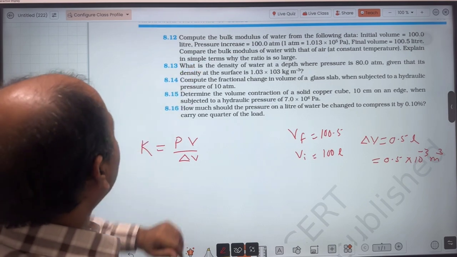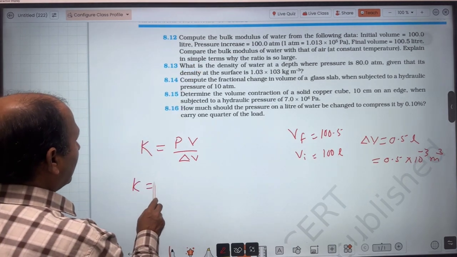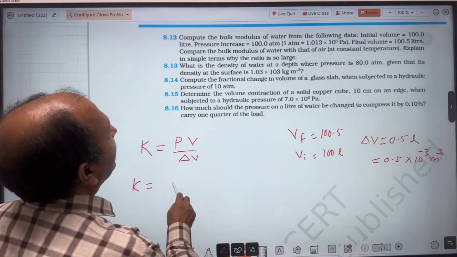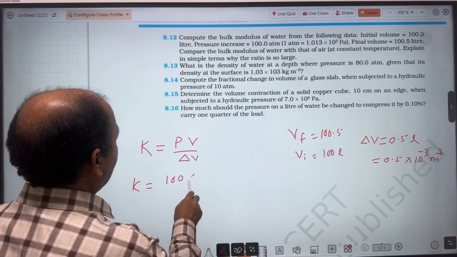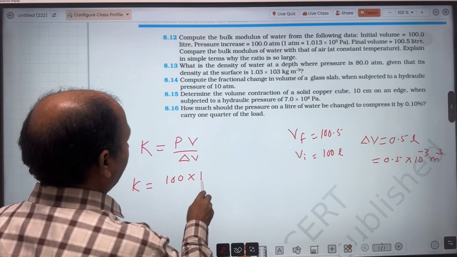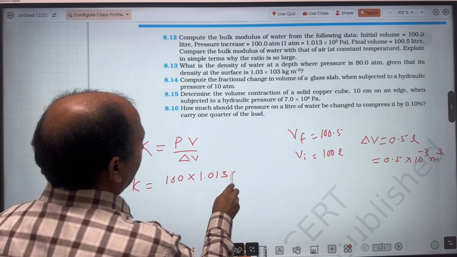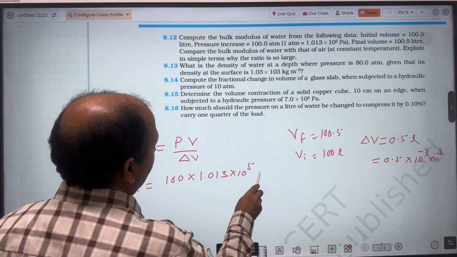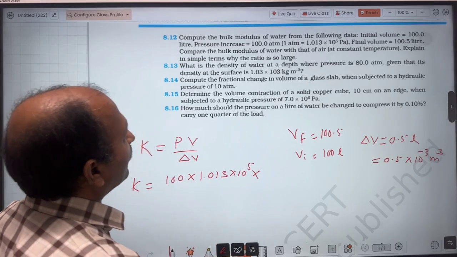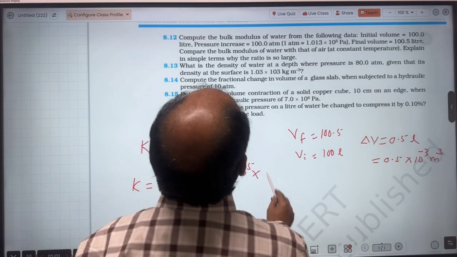And we have to find out the bulk modulus. K is pressure. Pressure is given as 100 atm, so 100 times the value of 1 atm, which is 1.013 into 10 to the power 5, into the original volume.